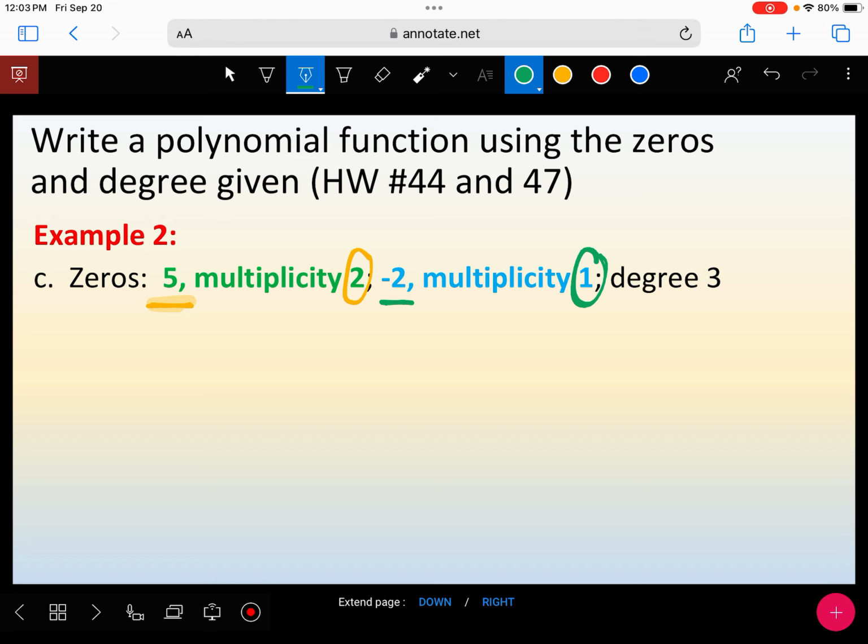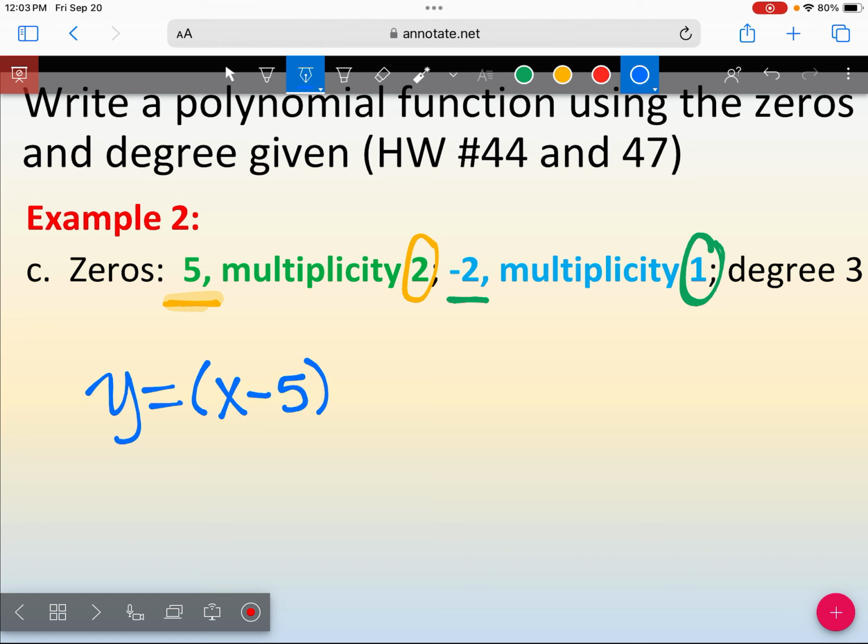So you should have 2 factors. So what would be your 2 factors that you're going to start off with? y equals x minus 5, x minus 5 squared. And then what's your second factor? x plus 2.